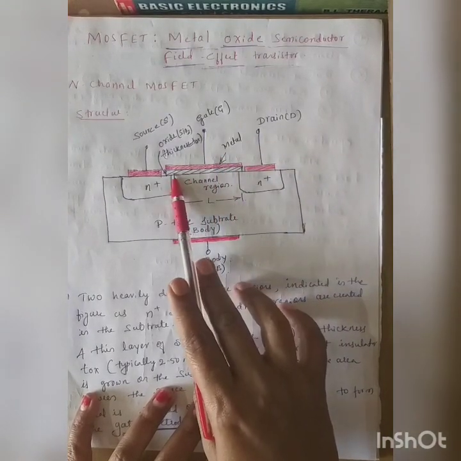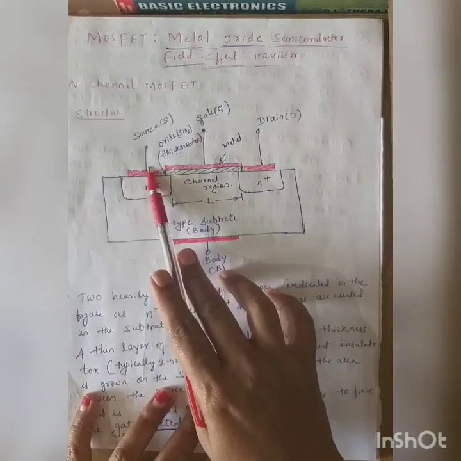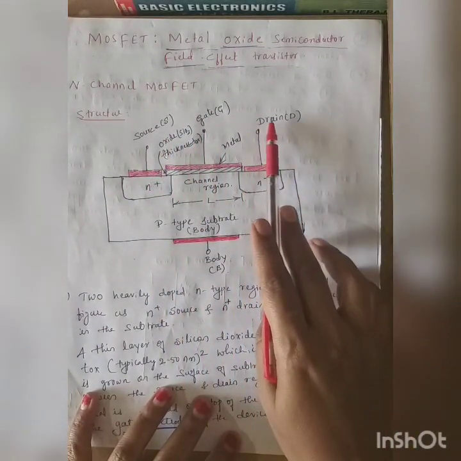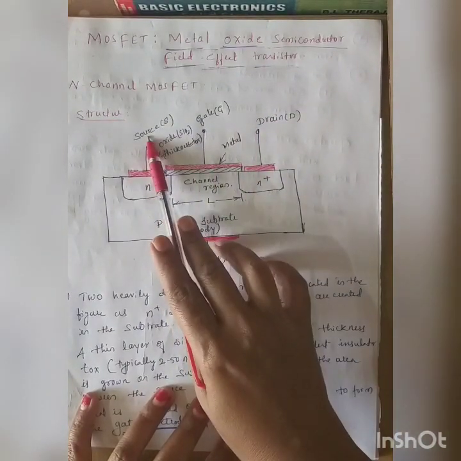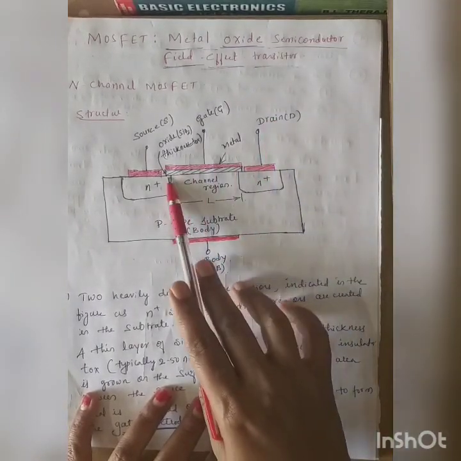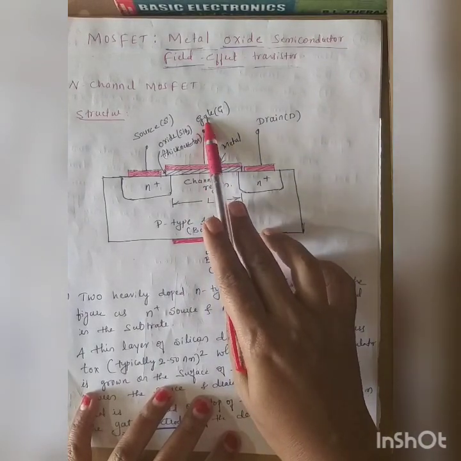This portion is denoted as gate, this portion as source, and this portion is called the drain. So this N plus is the source terminal, this N plus is the drain terminal, and in between, this metal part is called the gate terminal.